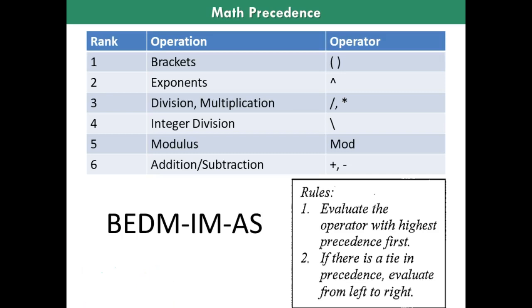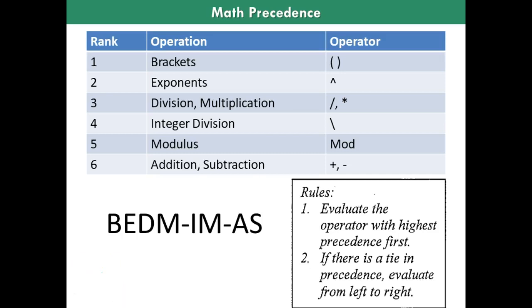To help you memorize it, you can think of Bedmass. So Bedmass: brackets, exponents, division, multiplication, integer division, modulus, addition, subtraction. As long as you learn Bedmass, this should not be a stretch in terms of your learning. You can see the rules in the box.